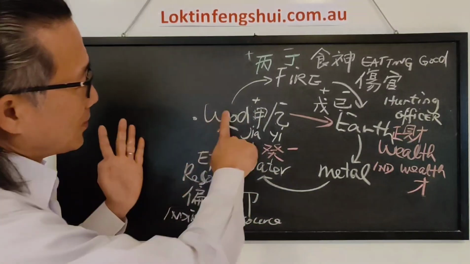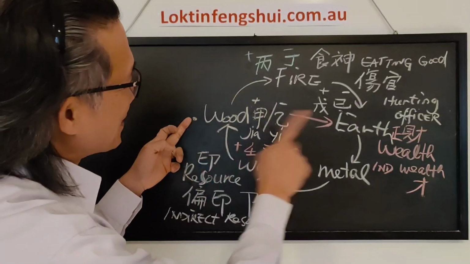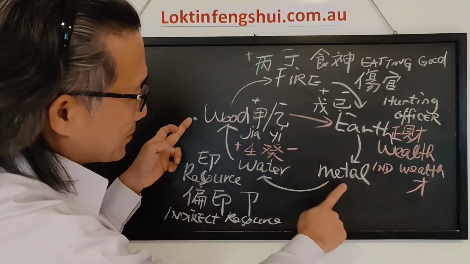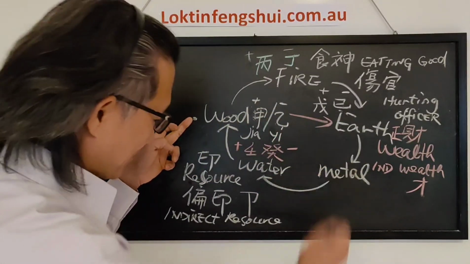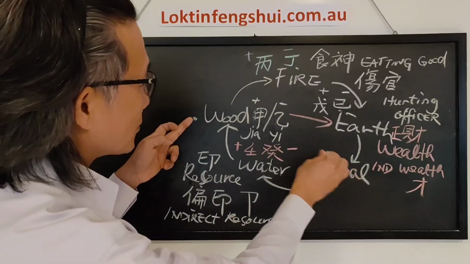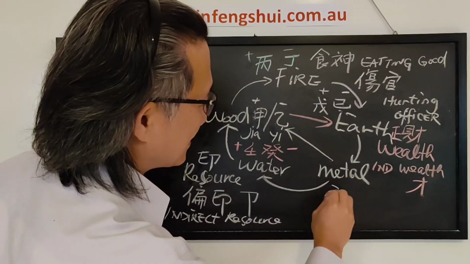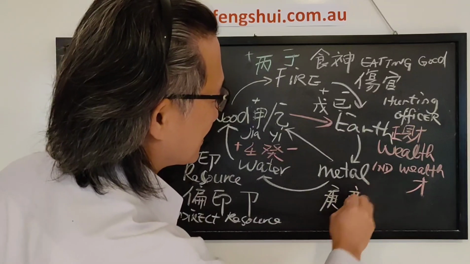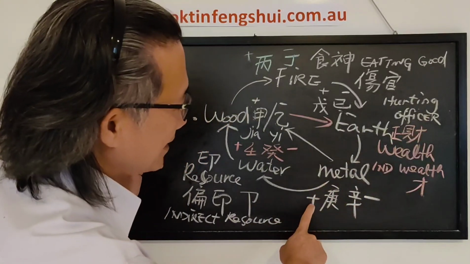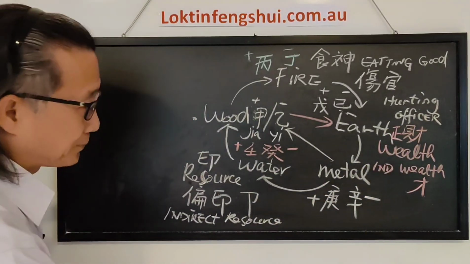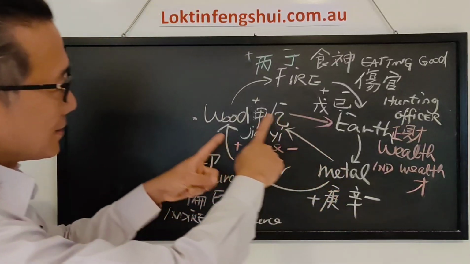Because we are still standing in the wood here, okay? So if we look at metal, metal controls wood, right? So metal here, we have the Geng and the Xin. Geng is yang and Xin is yin, okay? So this metal controls wood.